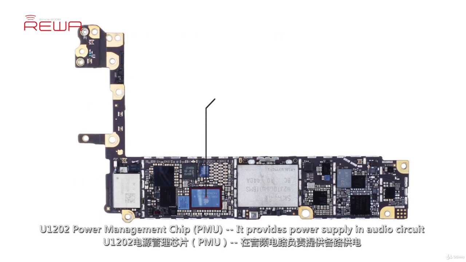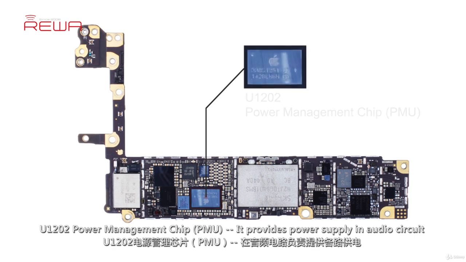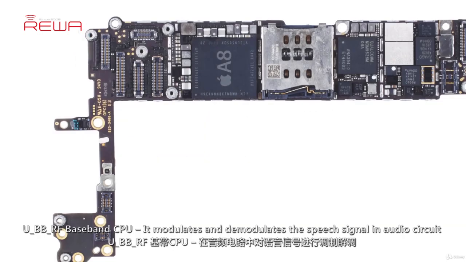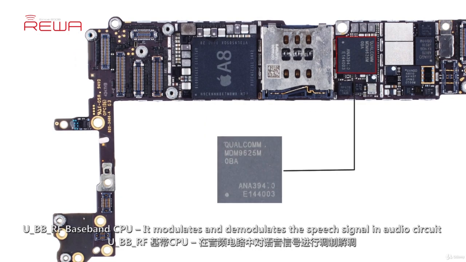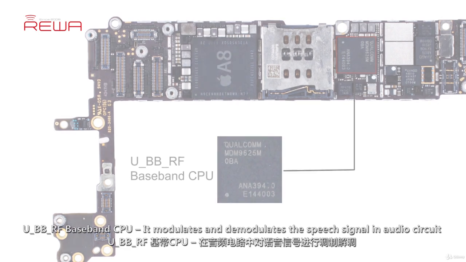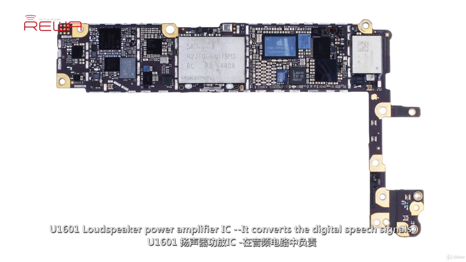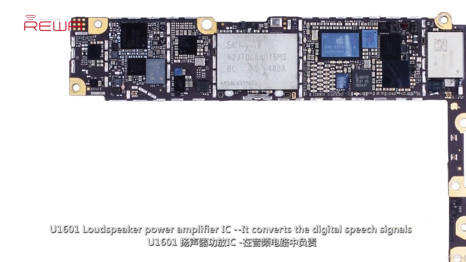U1202 Power Management Chip PMU. It provides power supply in audio circuit. UBBRF baseband CPU. It modulates and demodulates the speech signal in audio circuit. U1601 loudspeaker power amplifier IC.